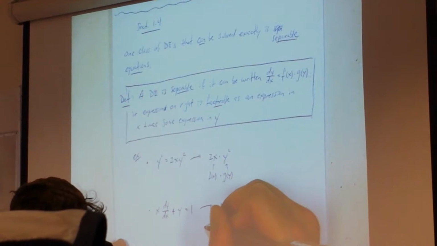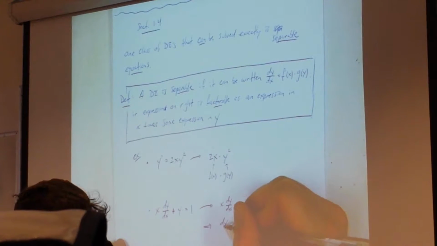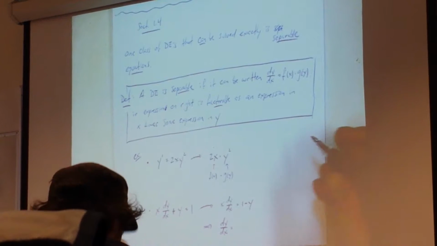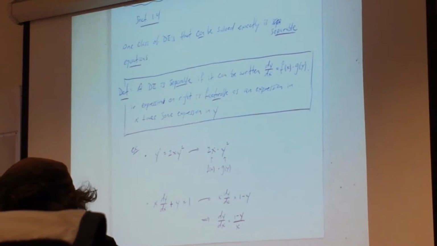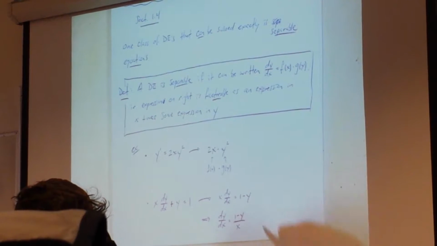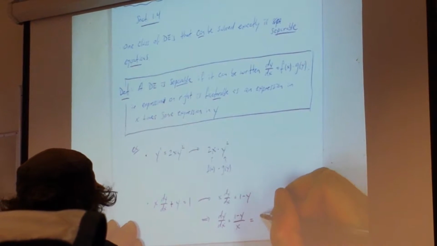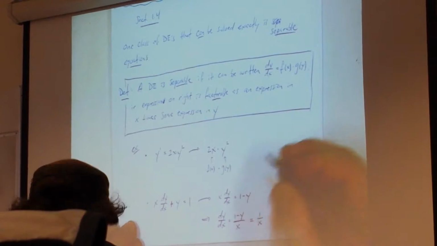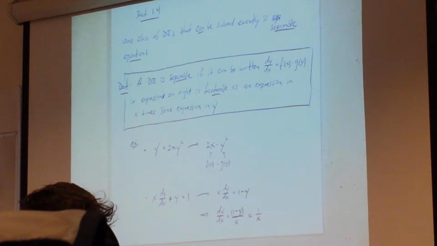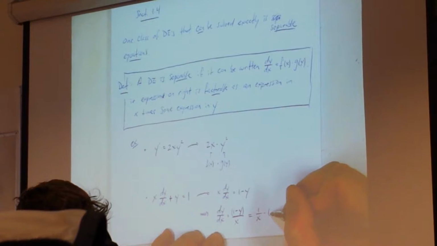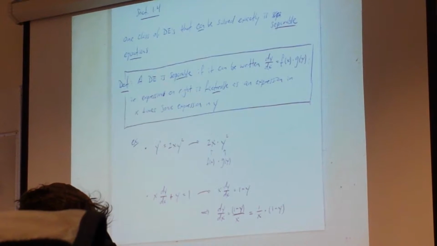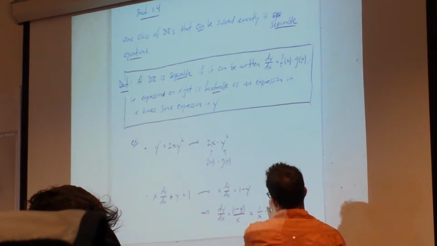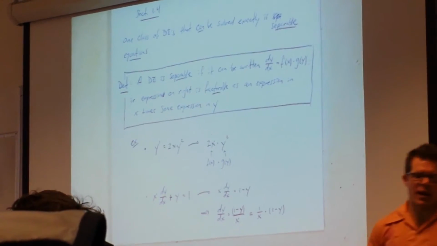And if I divide both sides by x, then we can write dy/dx as (1 minus y) over x. Does that look factorable as some expression in y times some expression in x? Yeah, I could think of the whole numerator as 1 minus y. This is 1 over x times (1 minus y). So that would be separable. In other words, if I can separate those variables, factor them, so some expression involving only x, some expression involving only y, then it's separable.